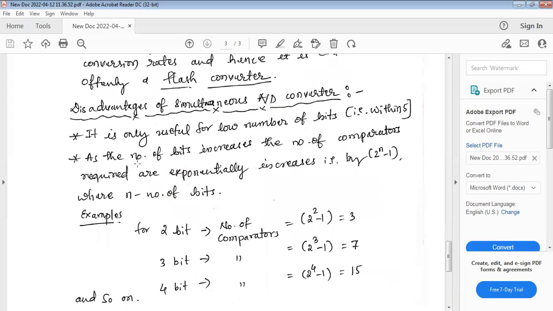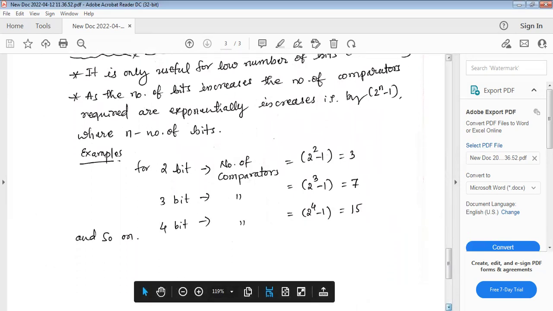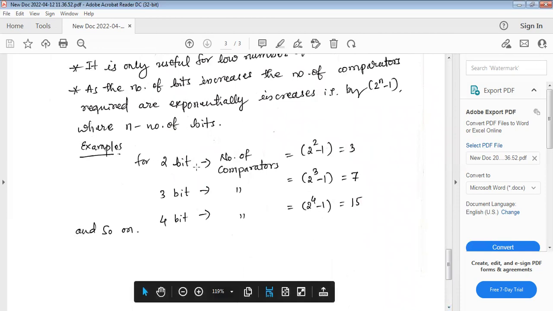The reason is that as the number of bits increases, the number of comparators required increases exponentially, that is 2 raised to n minus 1, where n is the number of bits. So the number of comparators is the biggest problem here. This number of comparators suddenly increases exponentially as the bit value increases.